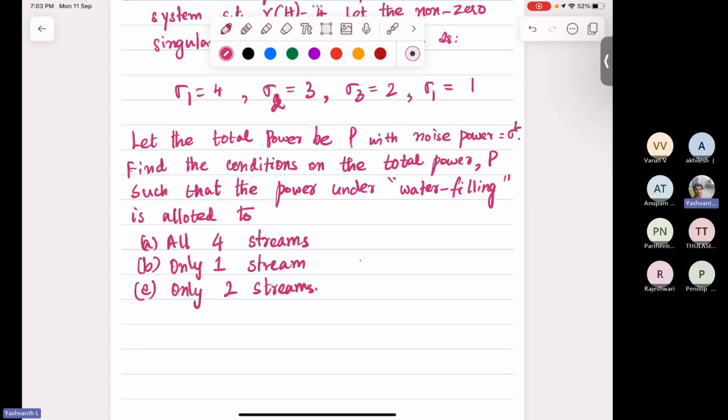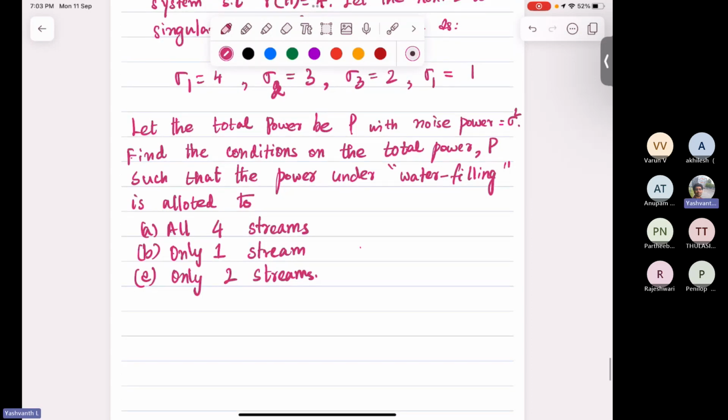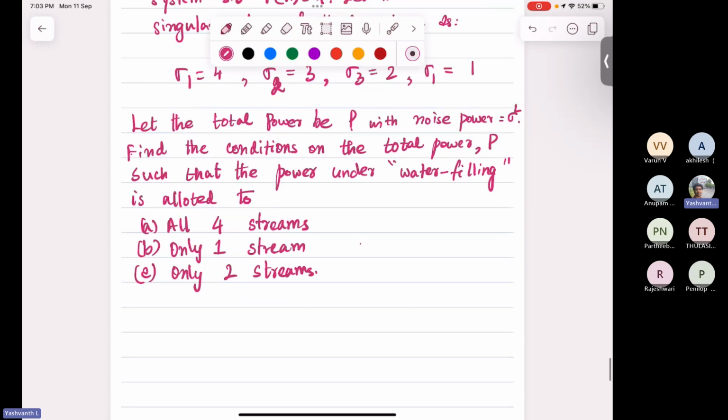Meaning, in the water filling example, what is the amount of water that I should pour so that all the 4 bars get some water? One stream means only 1 bar should get water. 2 streams means exactly 2 bars should get water, not less than 2 and not more than 2. 3 bars should not get water. That is the equivalent translation.